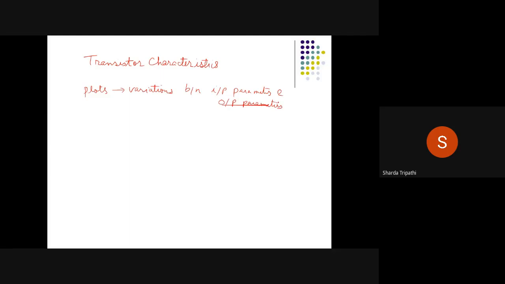So primarily when you talk about transistor characteristics, there are two main characteristics in a transistor. So these characteristics are, first of all, input characteristic, and the second one is output characteristic.